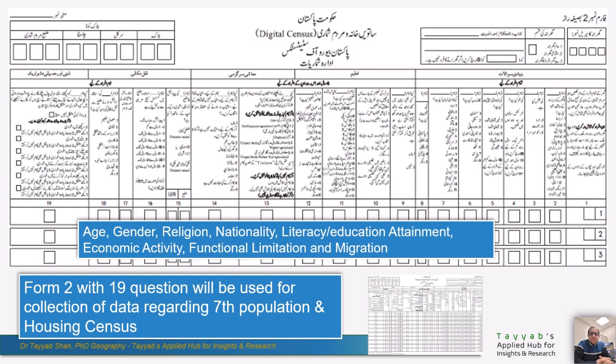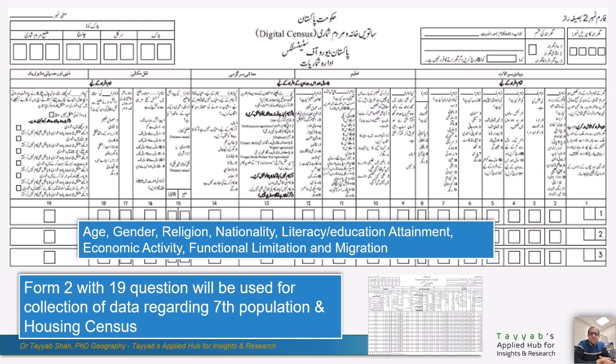So this form is used because this time they conducted a digital census, and each line is for one person of the household. They collect data about age, gender, religion, nationality, and a number of variables through form number two.